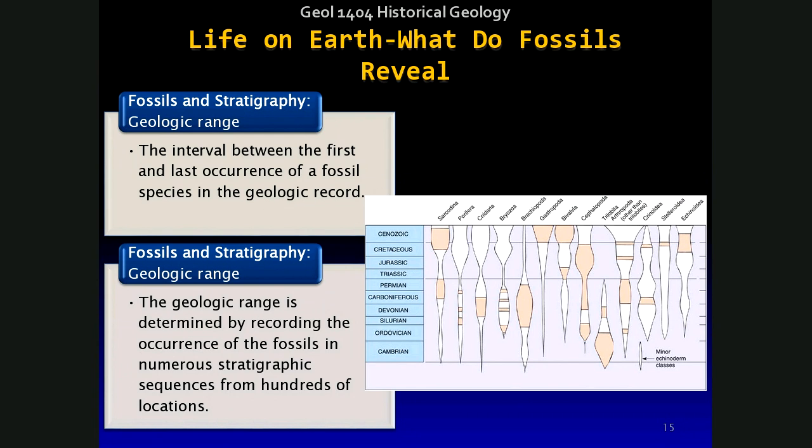This slide gives us ranges of different groups of invertebrate organisms, such as Sarcodina, Porifera, the sponges, Cnidaria, corals belong to this group, bryozoans, brachiopods, mollusks such as gastropods, bivalves, cephalopods, arthropods like trilobites, and some other echinoderm organisms and so on.